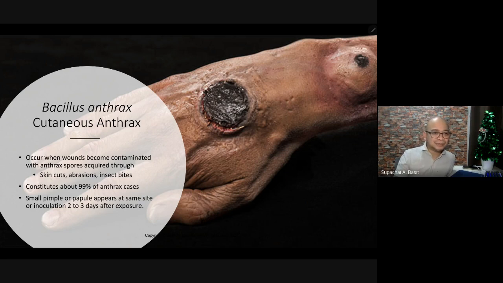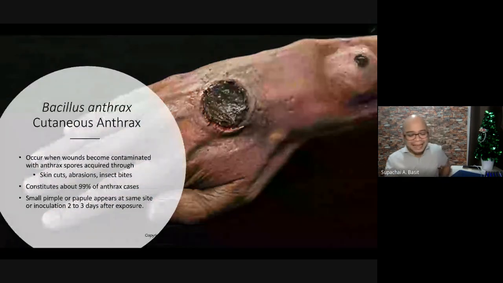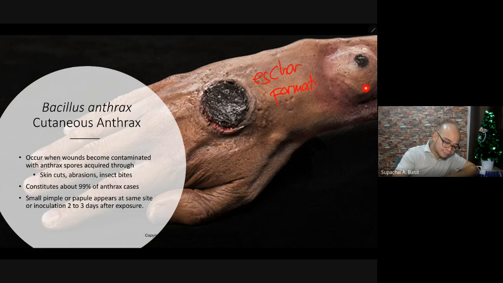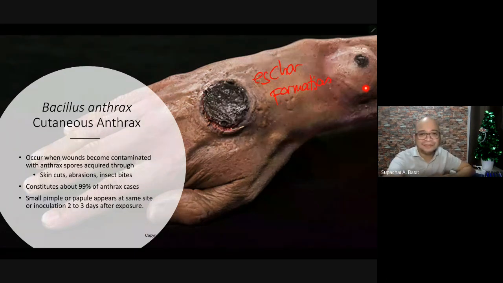A small pimple or papule appears at the site of inoculation 2 to 3 days after the exposure. Then there would be a blackening, a black ulcer. We call it the scar formation. The scar formation is actually found in anthrax.